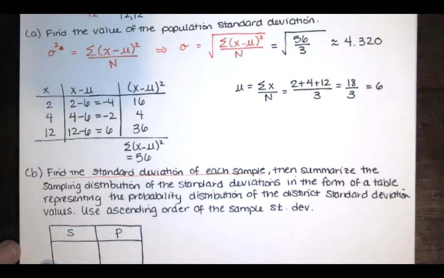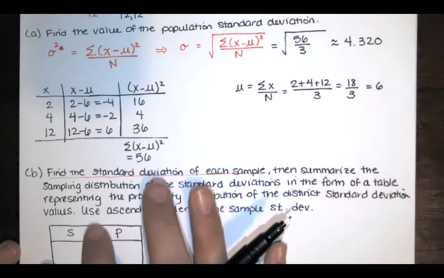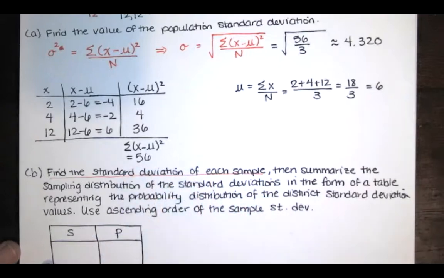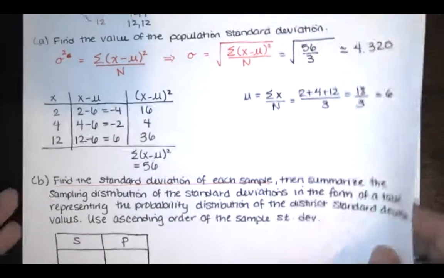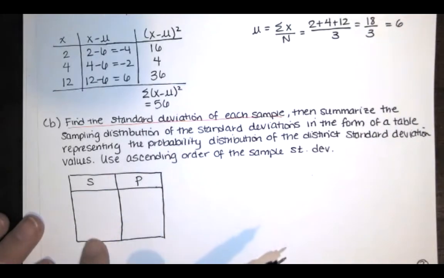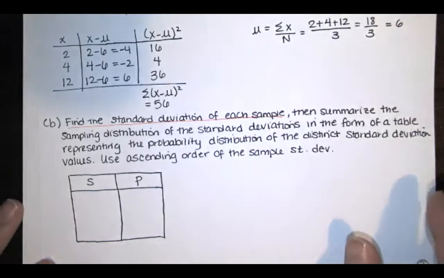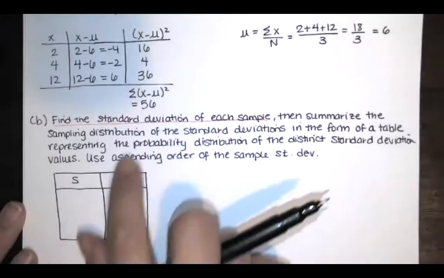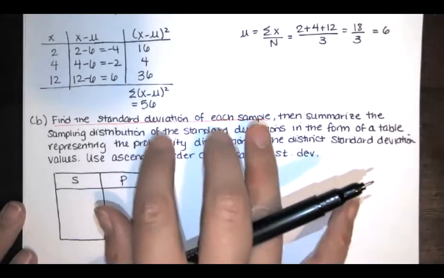And then they ask us to use ascending order of the sample standard deviations in our table here. So we just want the smallest sample standard deviation to the largest. Well, in order to do that, we need to do this first. We need to calculate the standard deviation of each sample.